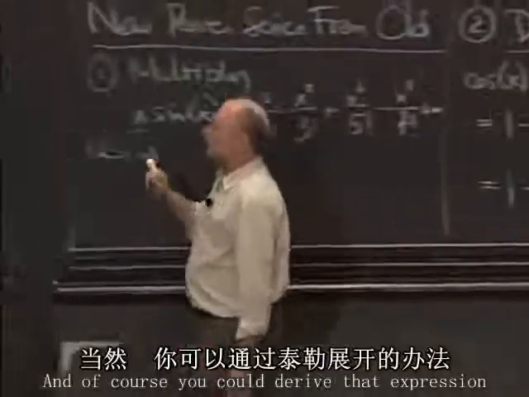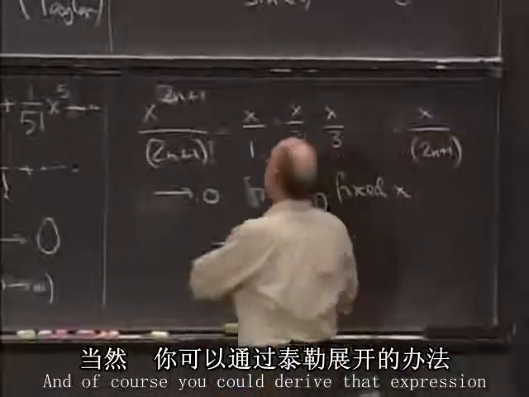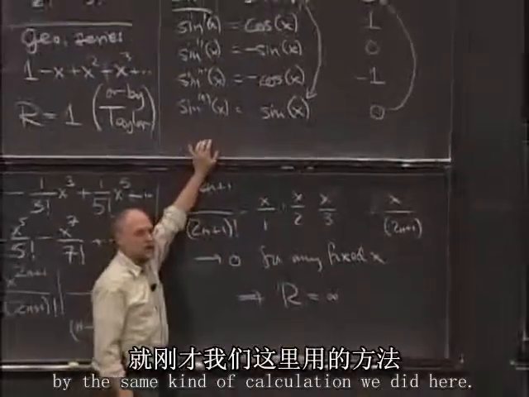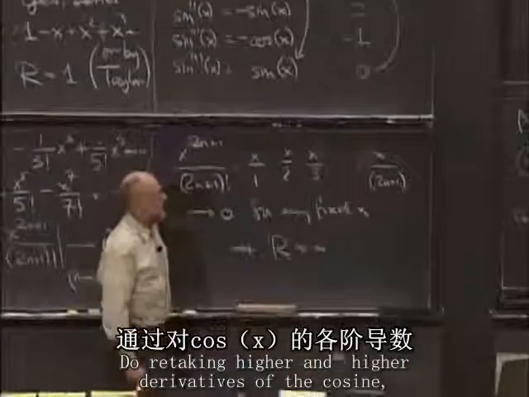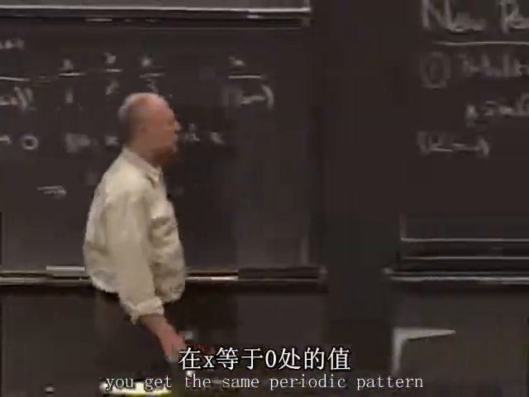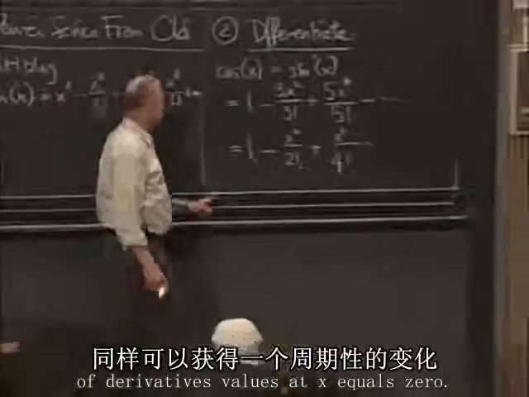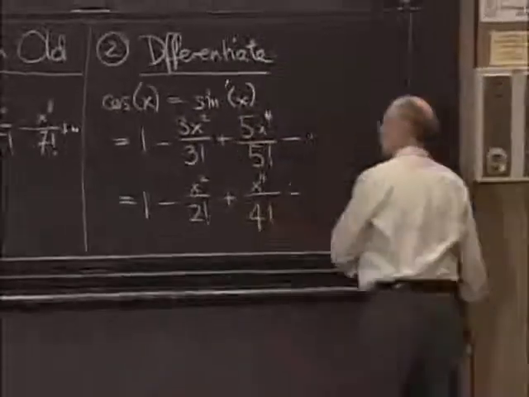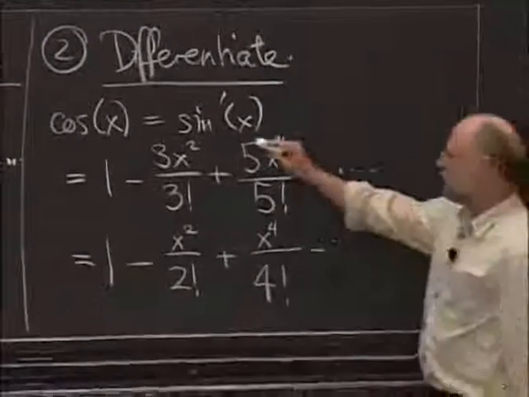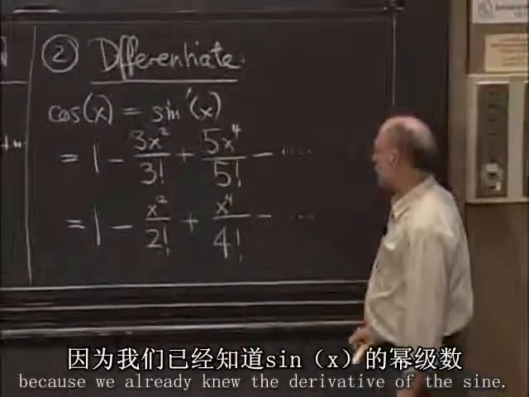And of course, you could derive that expression by using Taylor's formula by the same kind of calculation we did here. Taking higher and higher derivatives of the cosine, you get the same periodic pattern of derivatives and values of derivatives at x equals 0. But here's a cleaner, simpler way to do it, because we already knew the derivative of the sine.